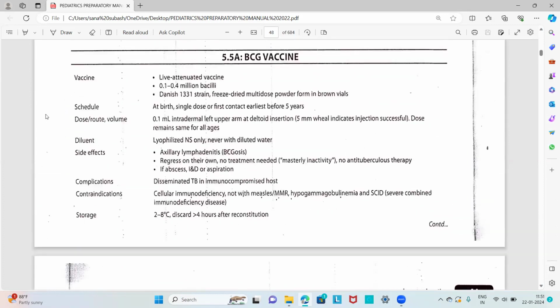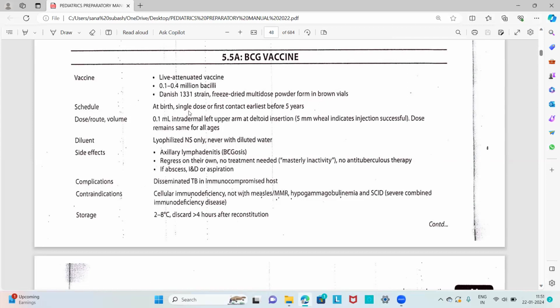So first, about the BCG vaccine. The BCG vaccine is a live attenuated vaccine. And the Danish 1331 strain is used, freeze-dried multi-dose powder form in brown vials. Because brown is light sensitive, it is stored in the brown vials.